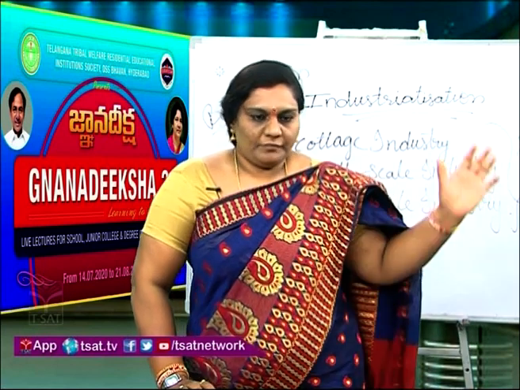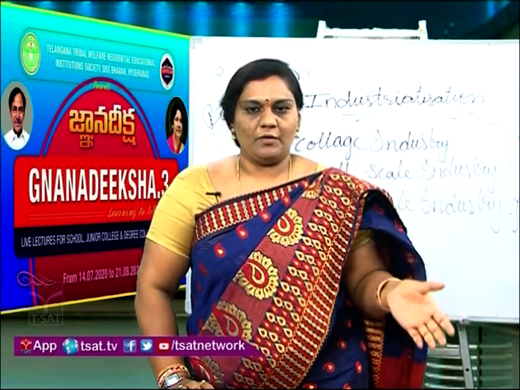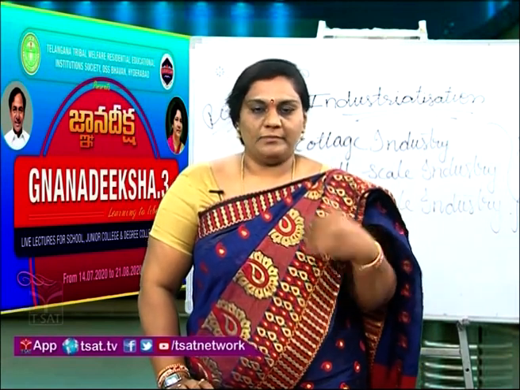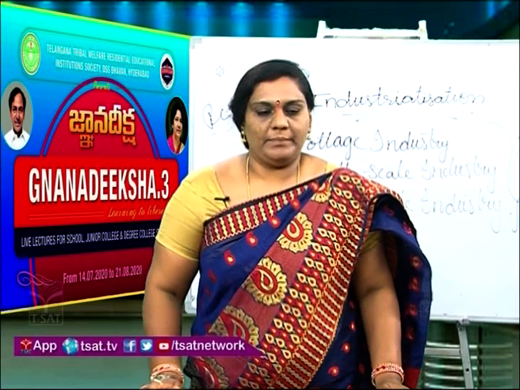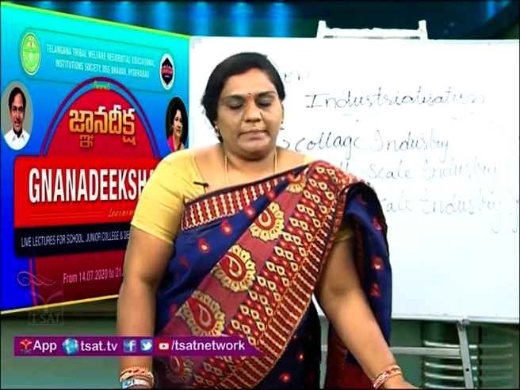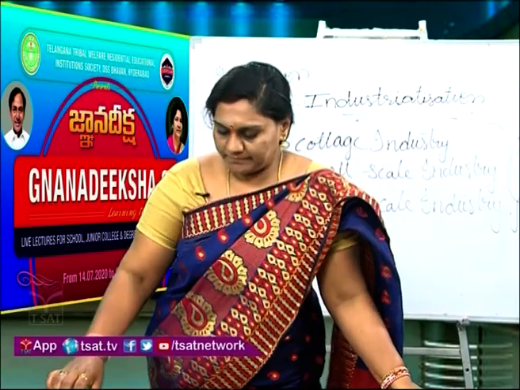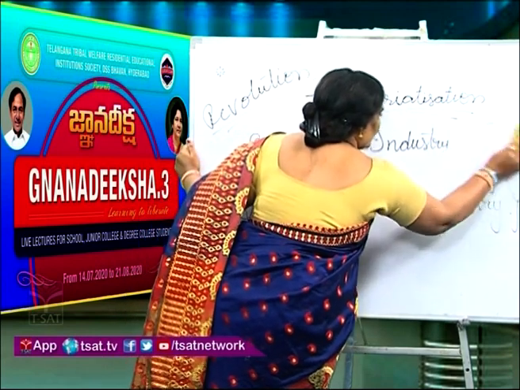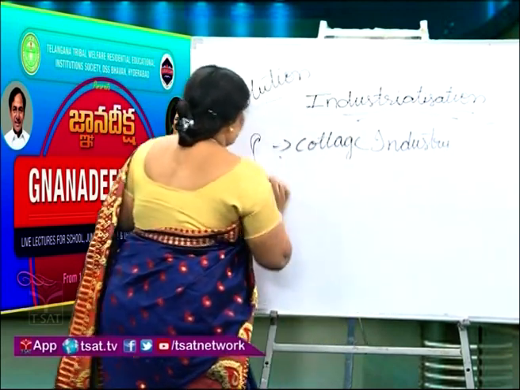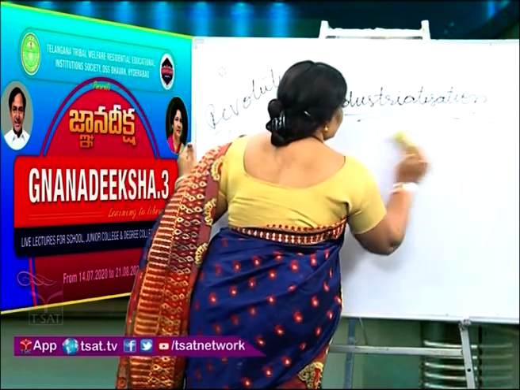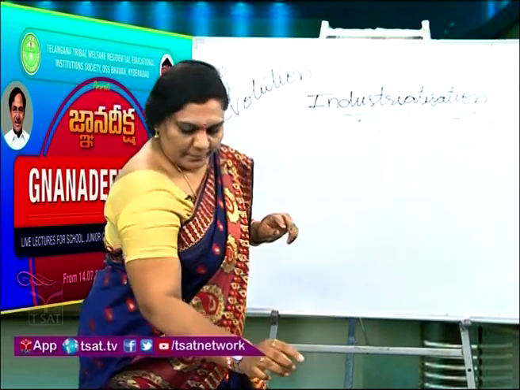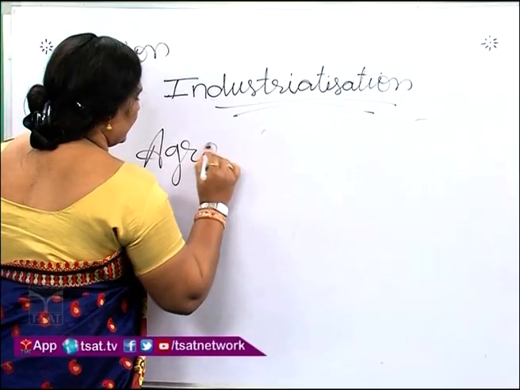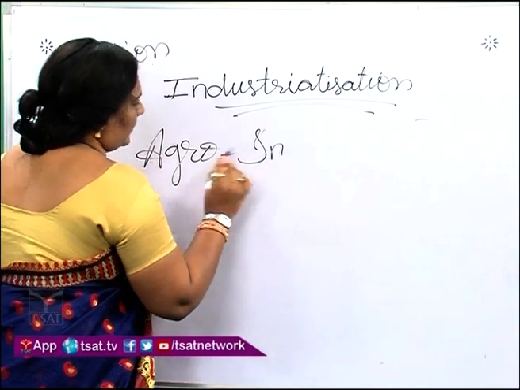Now after this classification of three industries, from where are these industries getting raw materials, from which places? Exactly, these industries may get their raw materials, for example, the cottage industry will get raw material from agro based industries, agriculture.